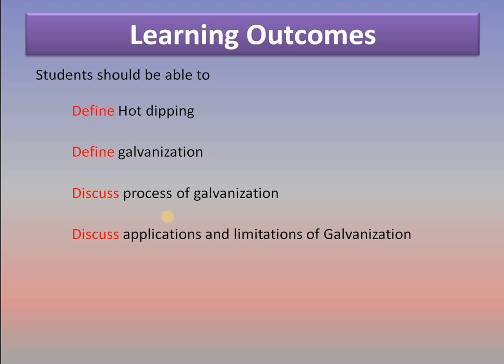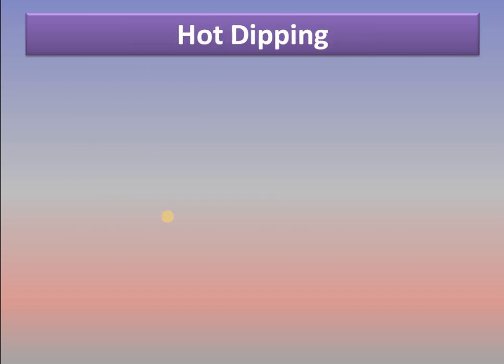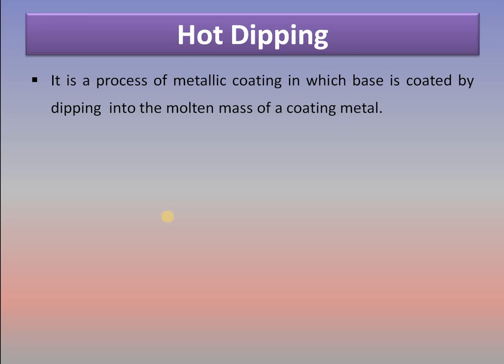Before going to galvanization, let's see what hot dipping is. Hot dipping is a process of metallic coating in which the base metal is immersed, or dipped, in the molten mass of a coating metal.